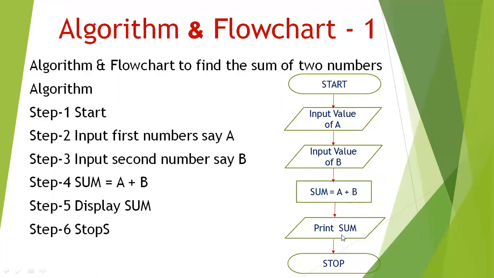Start and stop, starting and ending, is represented by the oval shape, and input and output we represent using the parallelogram. That's the reason we have taken here input value of A, input value of B, and output is sum. And whatever process we are executing, we show with a rectangle symbol. So this is the simple way of writing an algorithm and a flowchart.